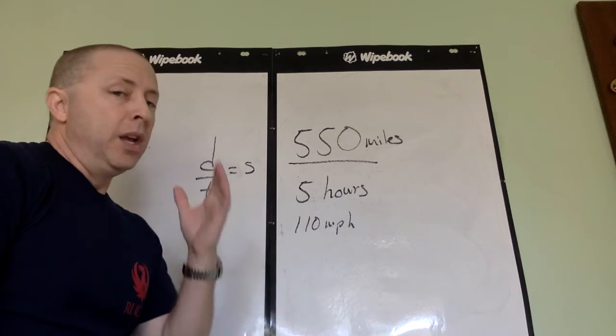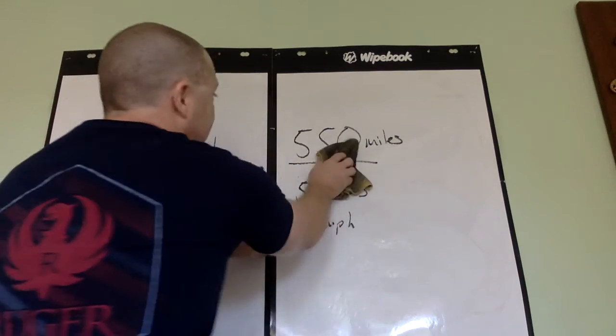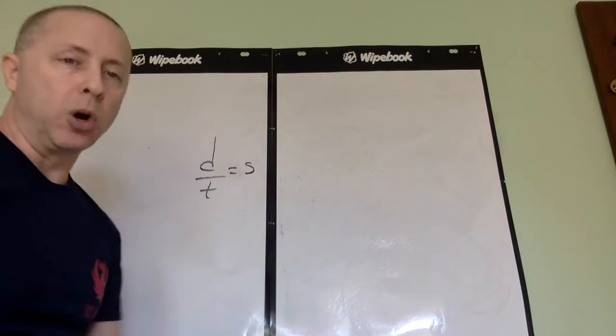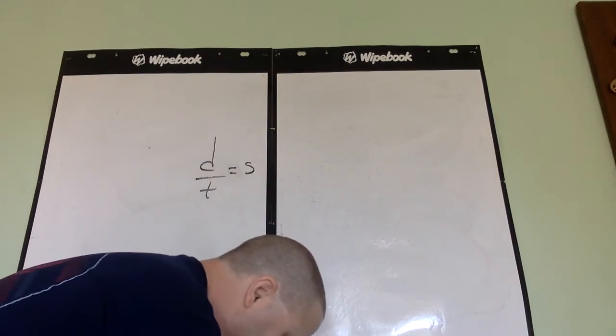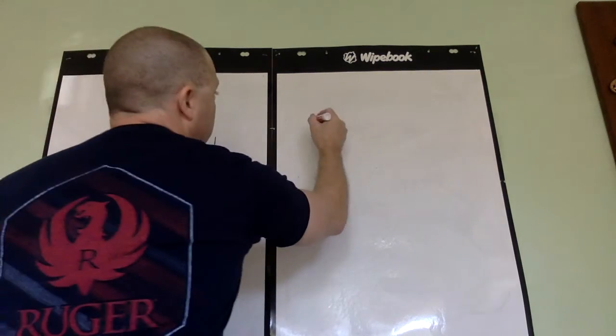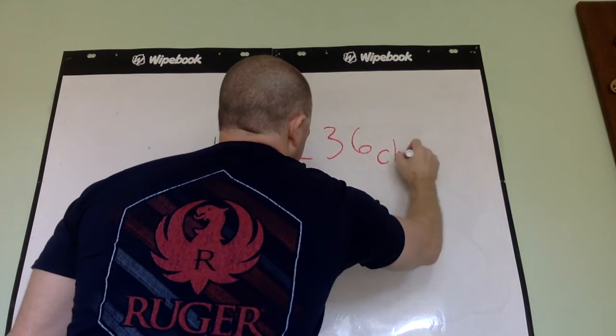Now, unit price is calculated the same kind of way, okay? So let's say you're purchasing something and you want to know the per item cost of something. In class, I used a couple different examples, but let's say you did something like this. Let's say you had 236 chicken wings.